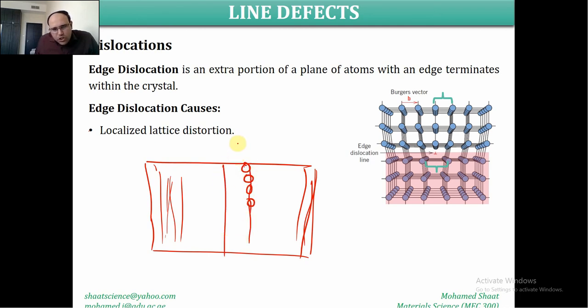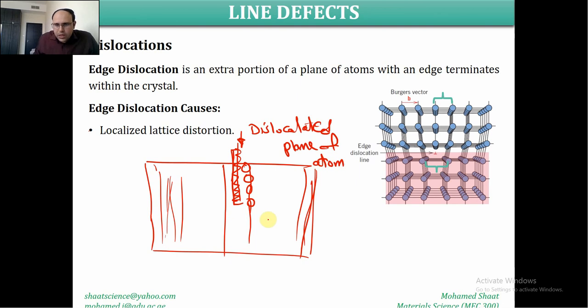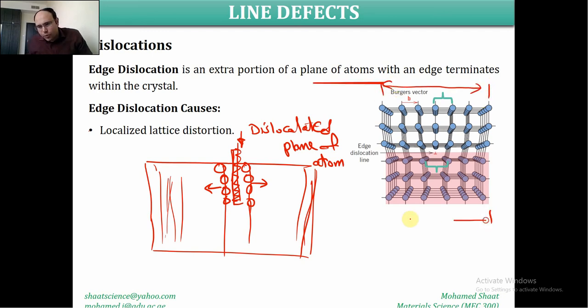As we try to insert half of a plane or a portion of a plane of atoms by dislocation, this is the dislocated plane of atoms. This dislocated plane will push this plane to the right and push this plane of atoms to the left to squeeze itself inside, as already shown here. So that's why the width from this point to this point became larger than the width between these two points. Make sense?